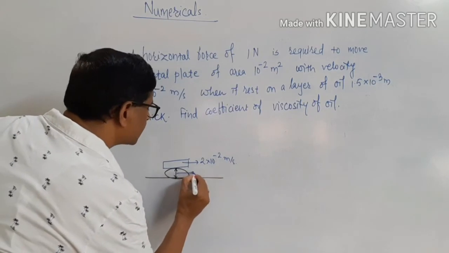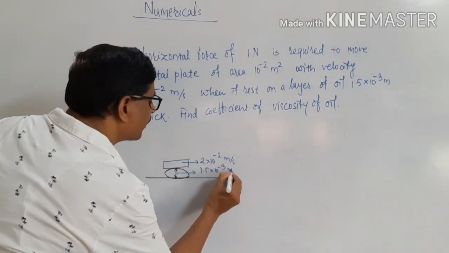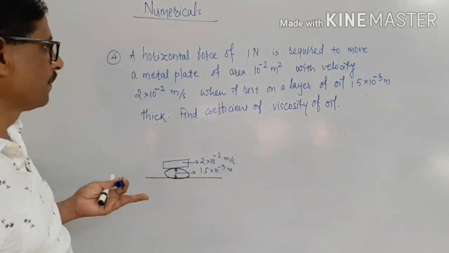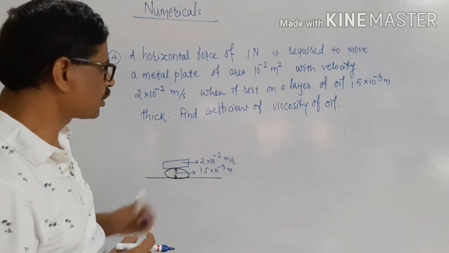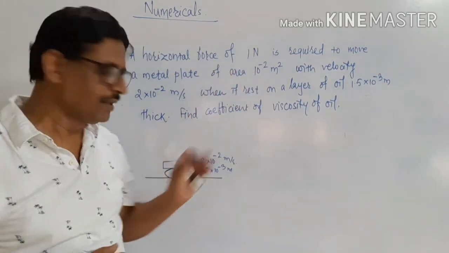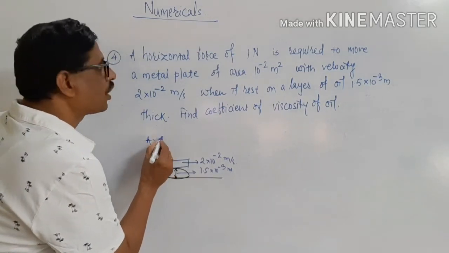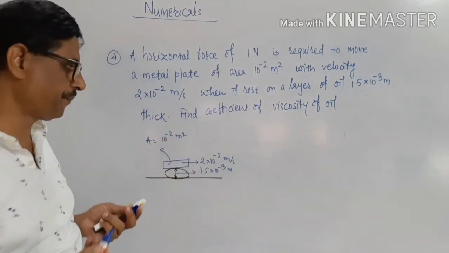And this thickness is 1.5 into 10 to the power of minus 3 meter. We have to find out the coefficient of viscosity. And one more thing that is given is the area of the plate. This plate has an area of 10 to the power minus 2 meters square.